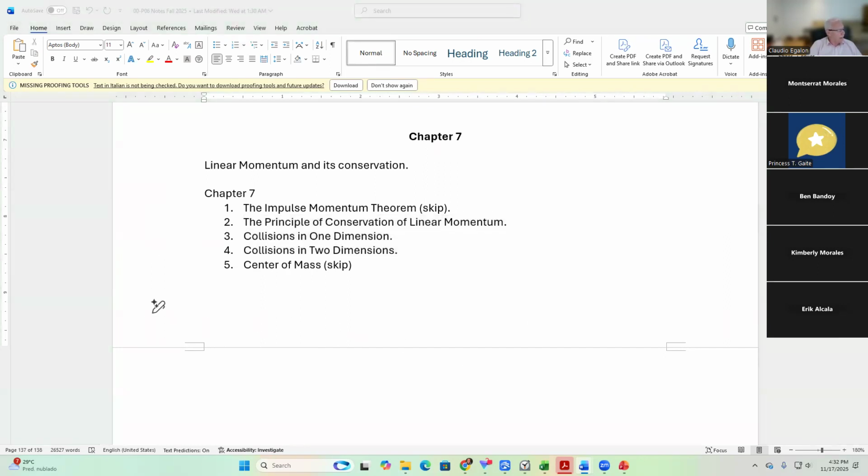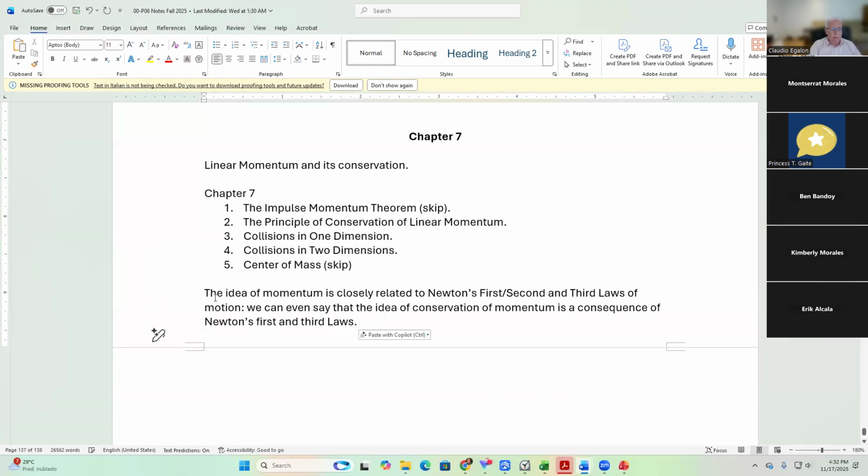Okay, so the idea of conservation of momentum is closely related to Newton's first and third laws. We can say that the idea of conservation is a consequence of Newton's first and third laws. You got it?